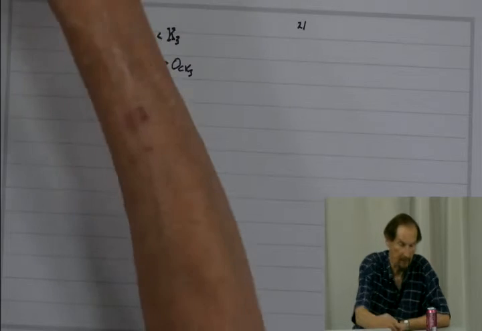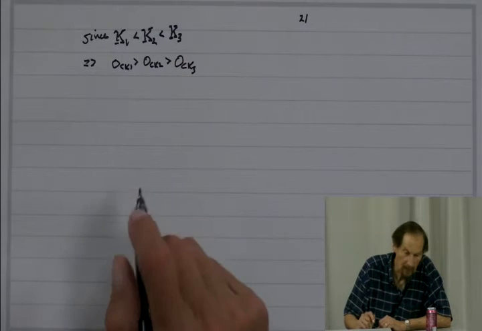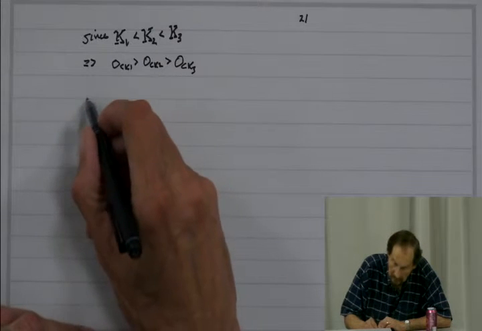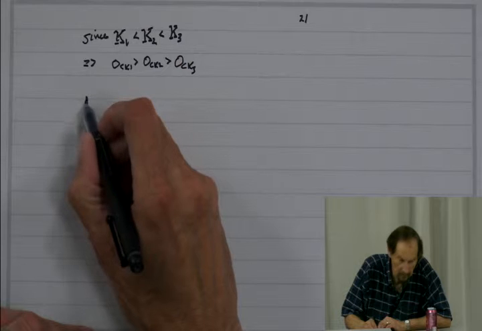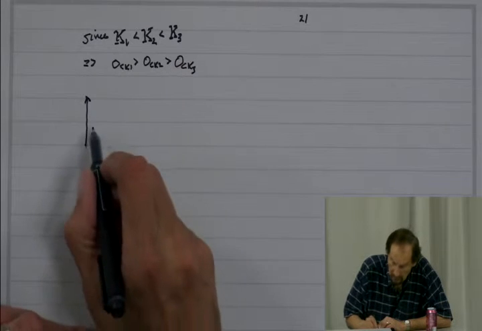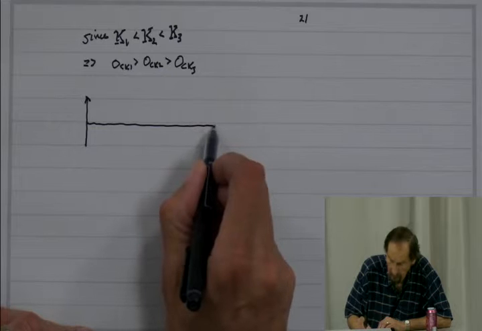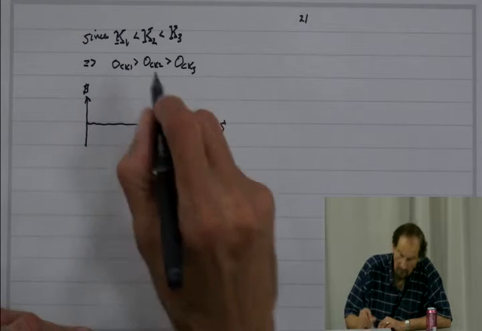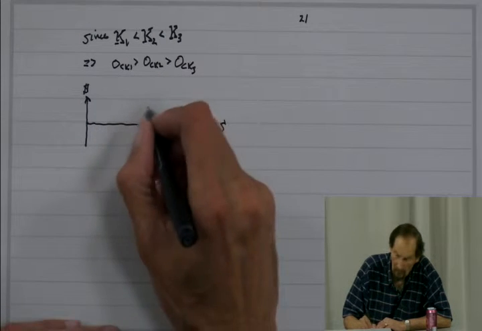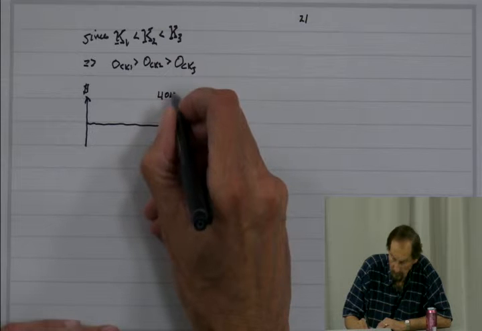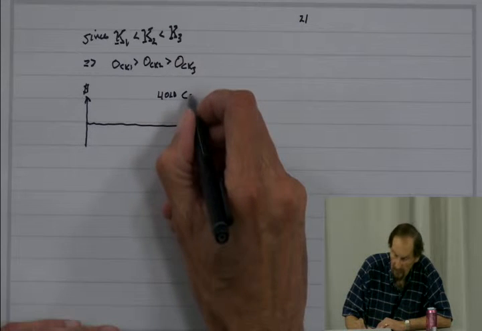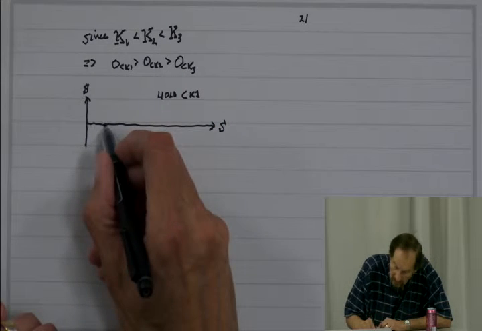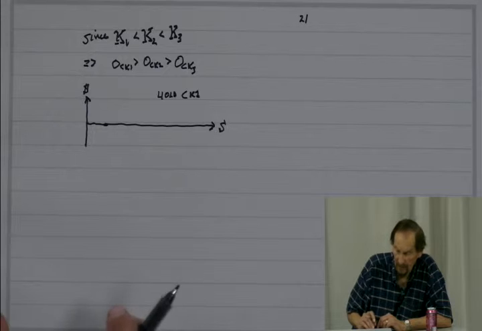Let's put these together. First, we'll put a call at K1. And this is the hold call at K1. Okay, so we said that K1 was less than K2 and K2 was less than K3.